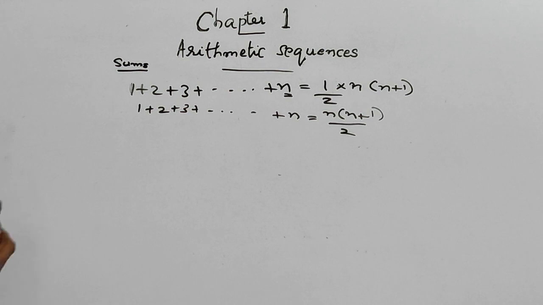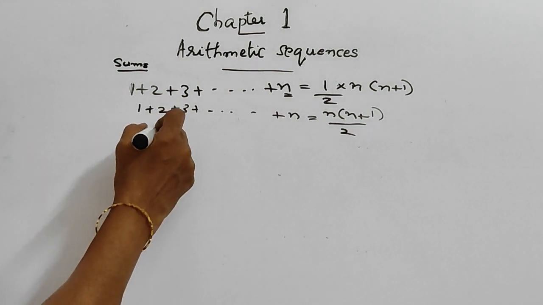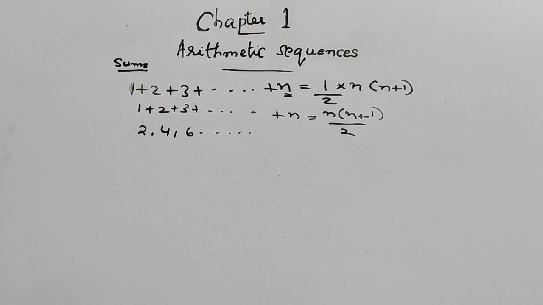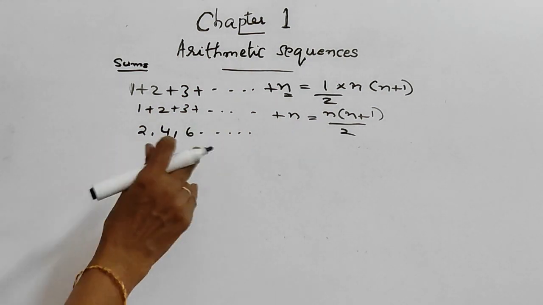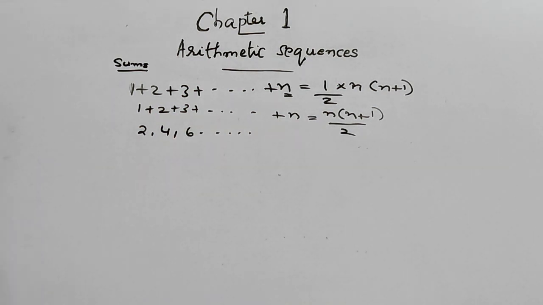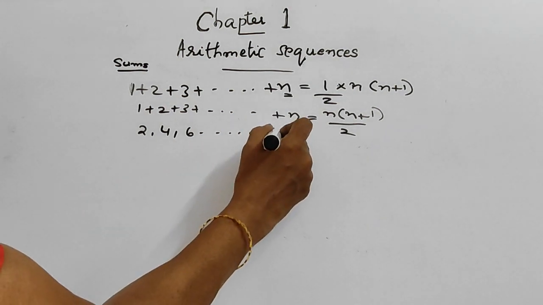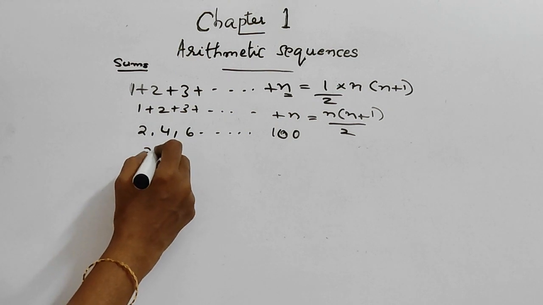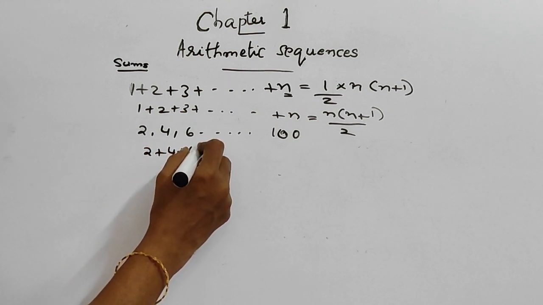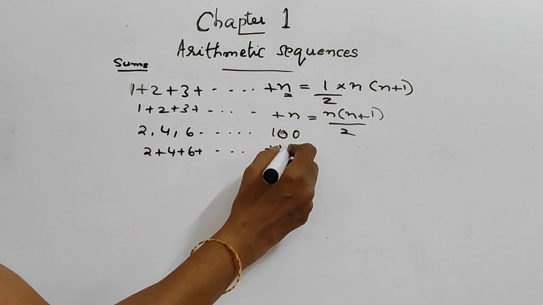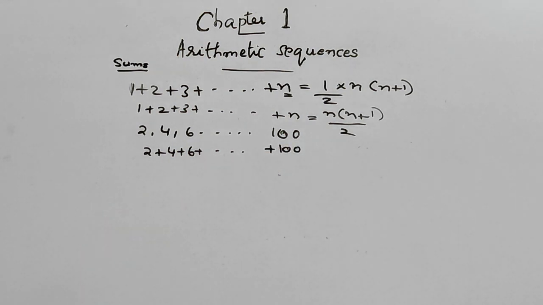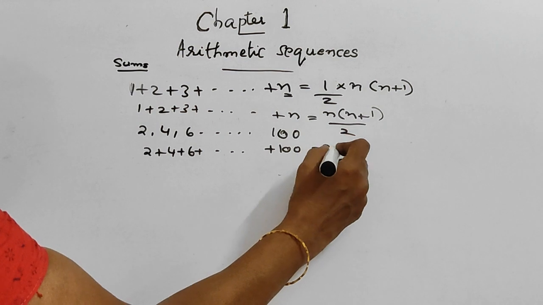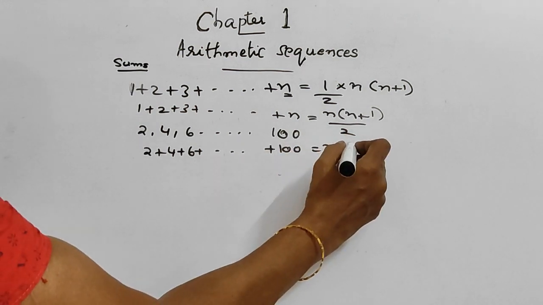Consider another sequence. You see 2, 4, 6, dash dash, up to 100. If you want to find out the sum of 100 terms, how to find? 2 plus 4 plus 6 plus dash dash up to 100. We can take 2 as common factor from this. 2 into, they are even numbers.